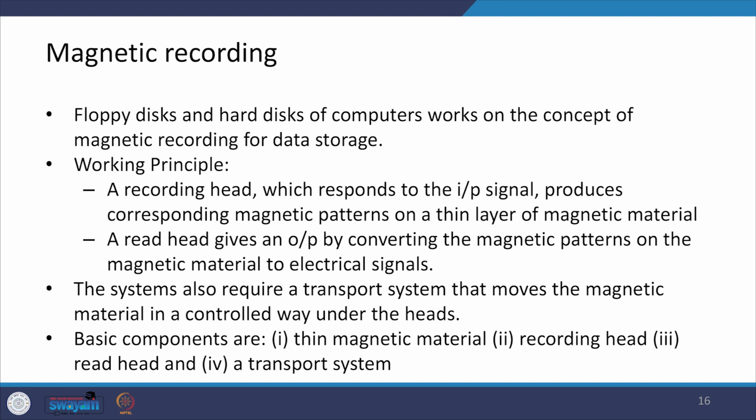A recording head which responds to the input signal produces corresponding magnetic patterns on a thin layer of magnetic material, and then there is a read head that gives output by converting the magnetic pattern on the magnetic material to an electrical signal. The system also requires a transport system that moves the magnetic material in a controlled way under the heads. The basic components are thin magnetic material, recording head, read head, and the transport system.